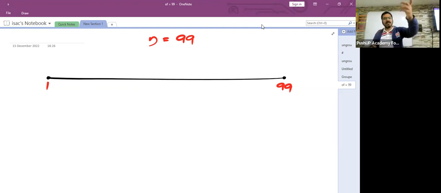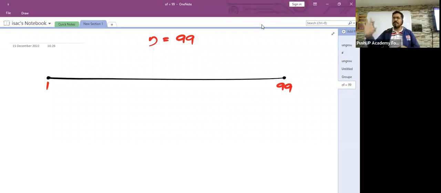Now, whoever has answered 50, online students have also answered, you also have answered. Whoever has solved this sum, they never used the formula which I taught. This is what you did in your mind. If 50 is the number which you gave me as answer, towards the left hand side of 50, how many numbers are there? 49 numbers, from 1 to 49.